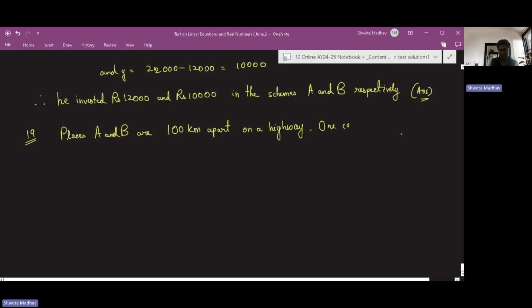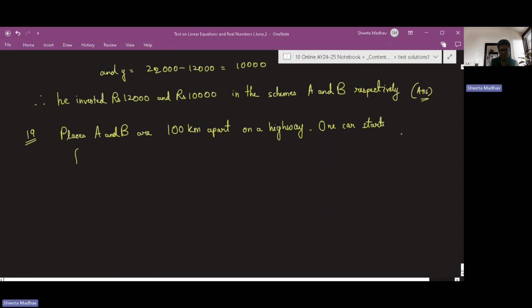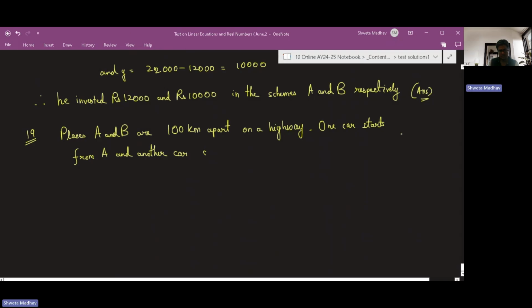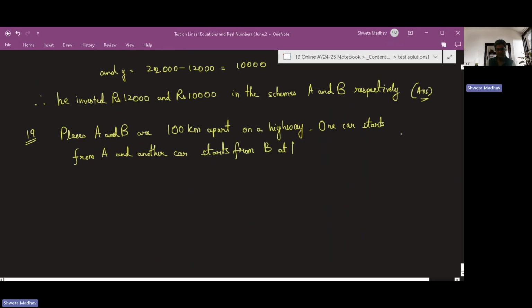One car starts from A, and another car starts from B at the same time.